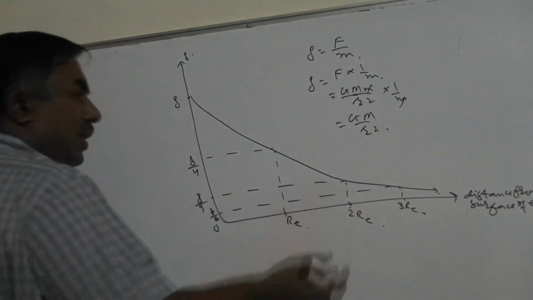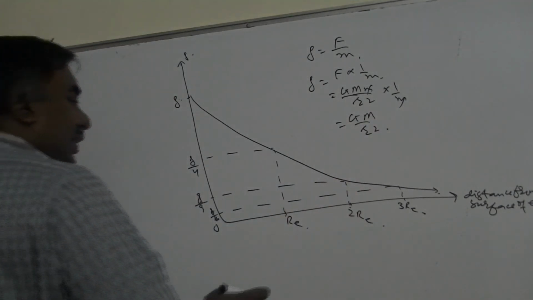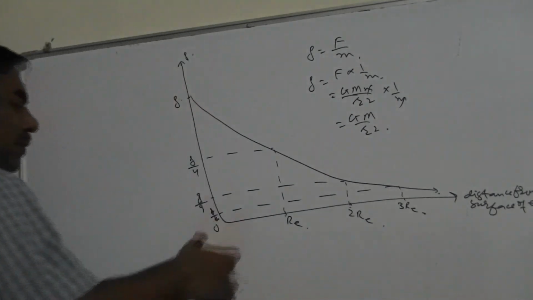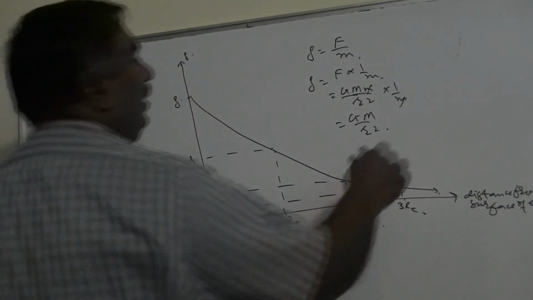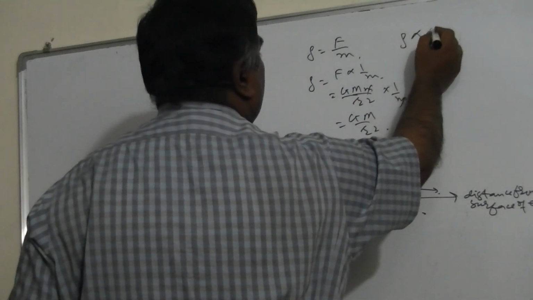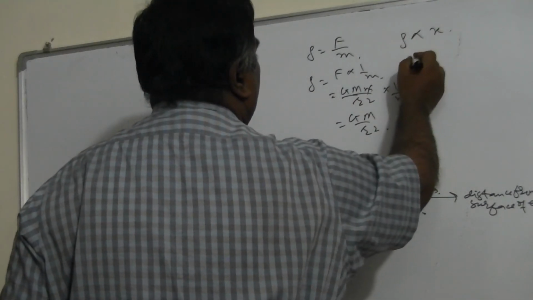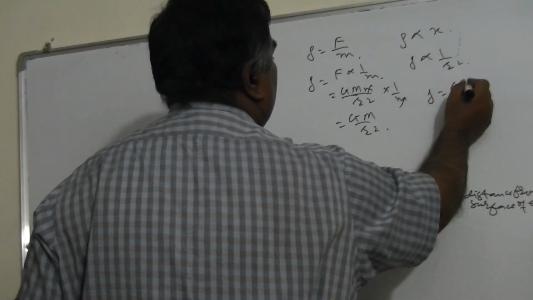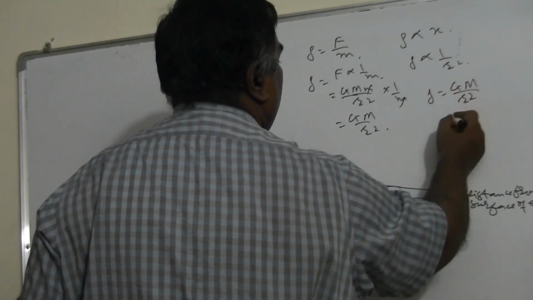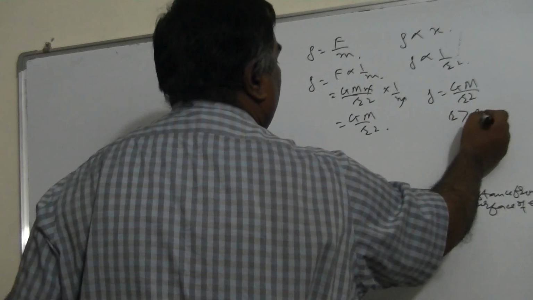Then we can have the graphs, 4 graphs in which the distance from the surface of Earth or the distance from the center of Earth is different. Then inside, g is directly proportional to the distance from the center, and outside g varies as 1 upon r square, and we use the formula g is equal to GM upon r square, where r is greater than or equal to the radius of Earth.